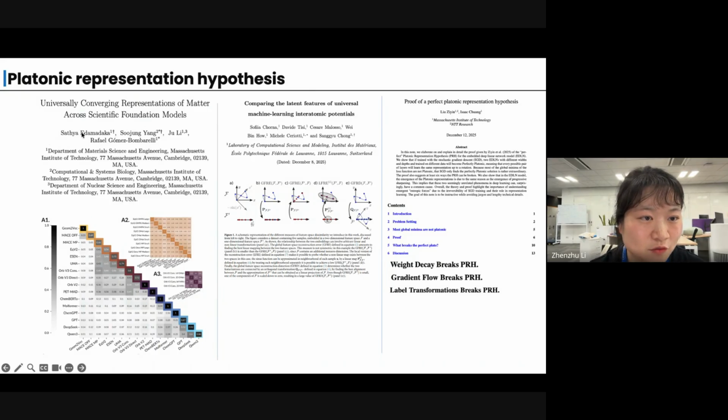Their conclusion is that all the models are universally converging, but because this is only a very statistical way to look at the models' latent spaces, and the latent spaces are not aligned, there might be some misunderstanding here, but still the conclusion is there. And this is the work from the MLIPs group and also Sangyu Chun, who look at the embedding space at the local level. So this is the general level, and this looks at them at the local level.